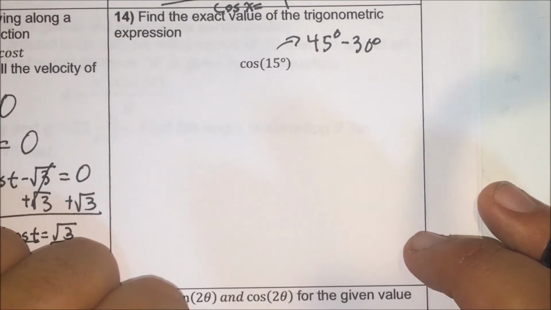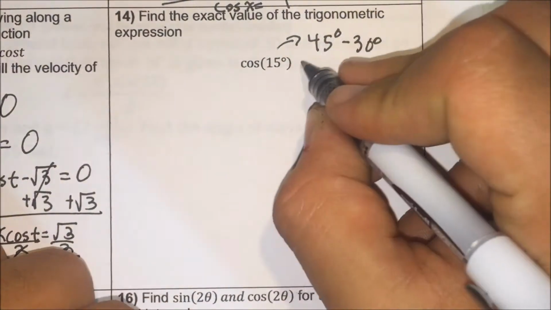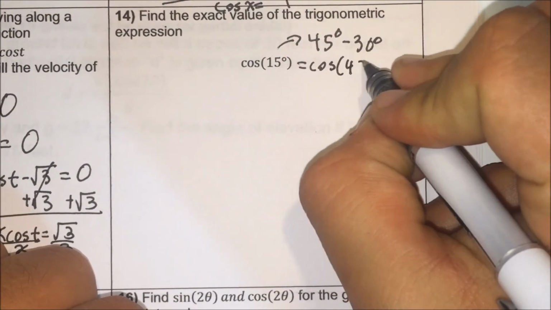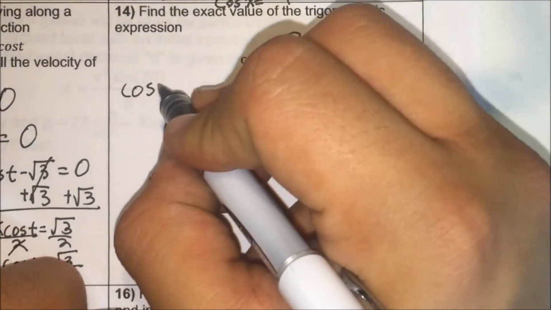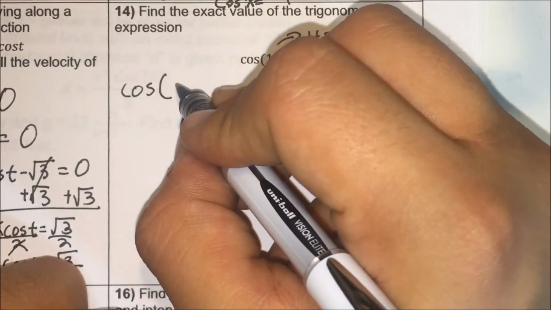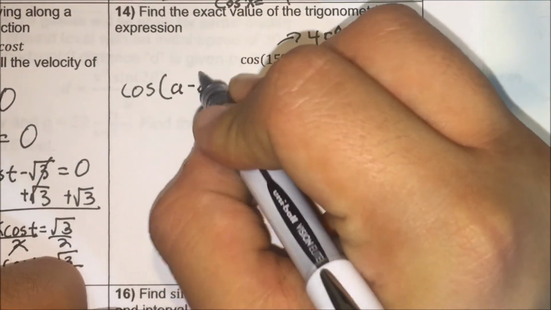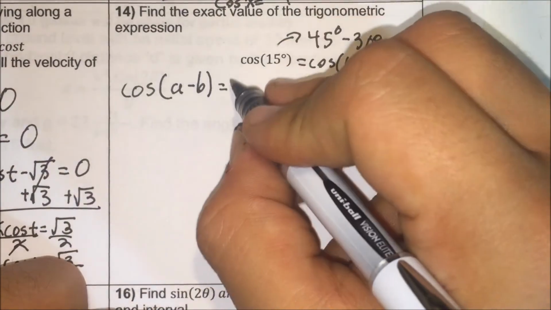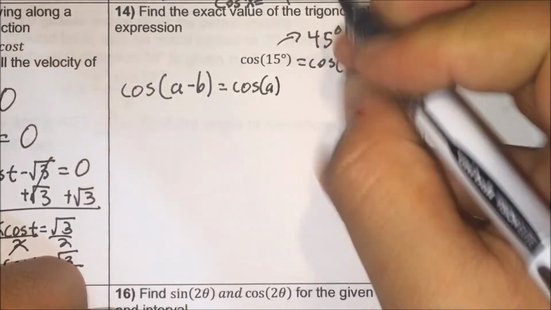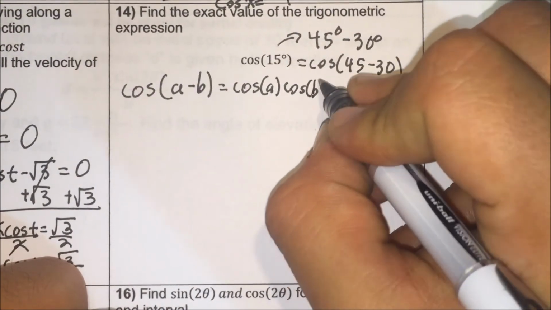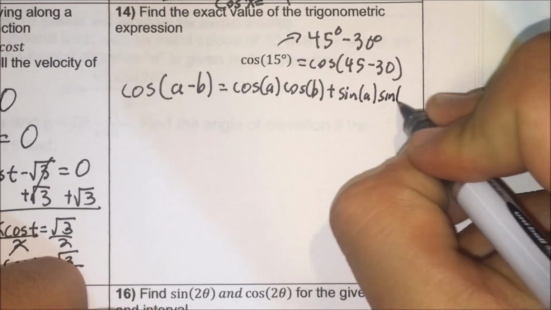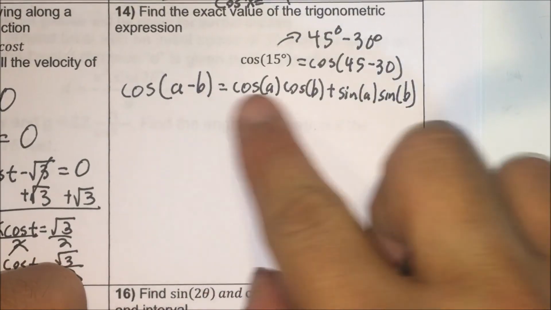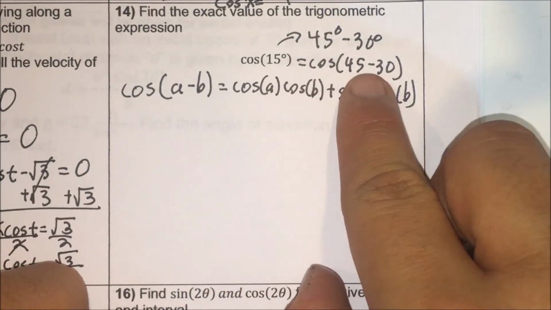And I say, okay, so that's going to make this cosine of 45 minus 30. Now, why does that matter? Because if you look on your sum and difference notes, recall that if you're subtracting 2 things inside of a cosine, that's going to give us cosine of A times cosine of B plus sine of A sine of B. So I can use that to break this cosine down.